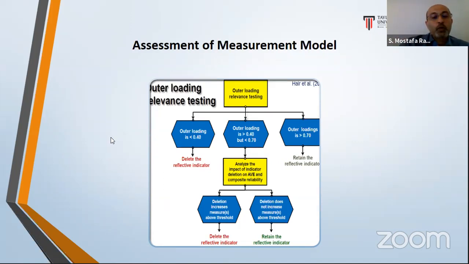We know these dimensions can perfectly represent the meaning of perceived value: a functional dimension, a social dimension, an emotional dimension. So we have all dimensions that represent the whole meaning of the construct, right?